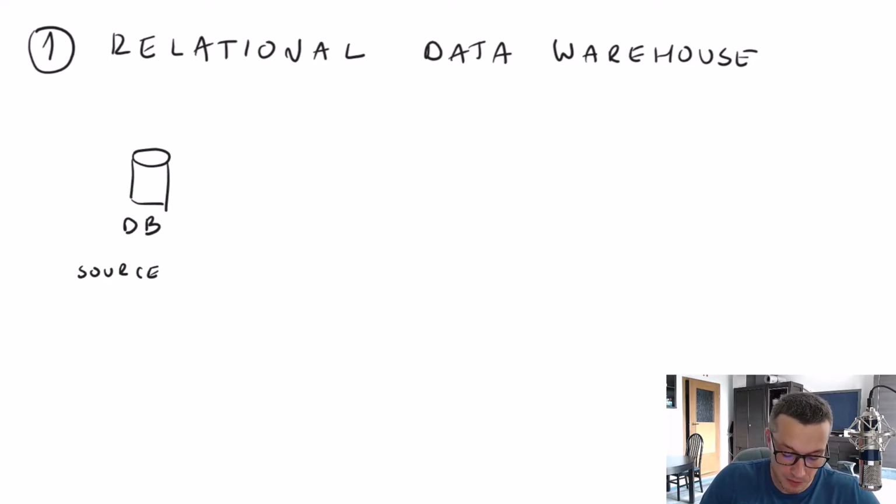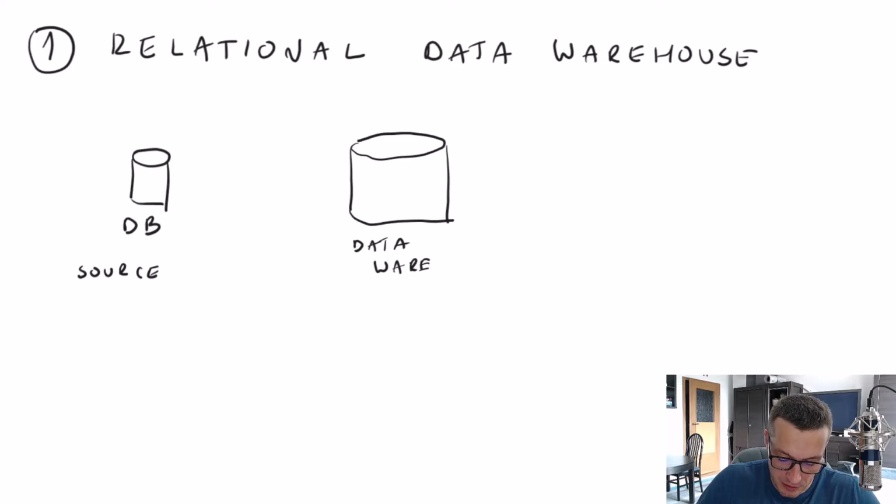So what we would do then is to have a data warehouse, which was just a database hosted on a relational database engine that could, for example, be split into two areas, right? The first one would be used for staging purposes, right?